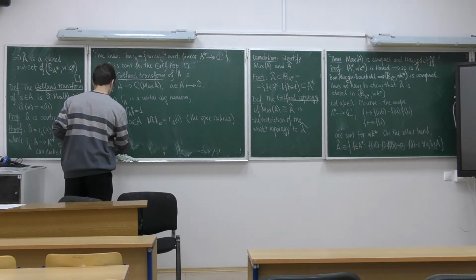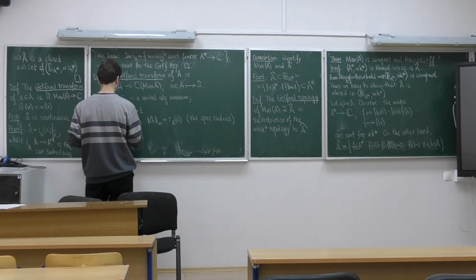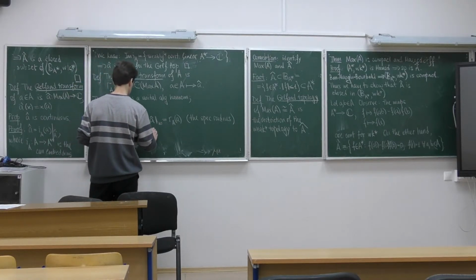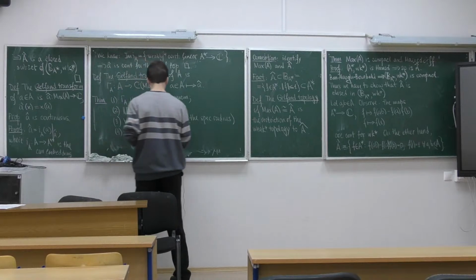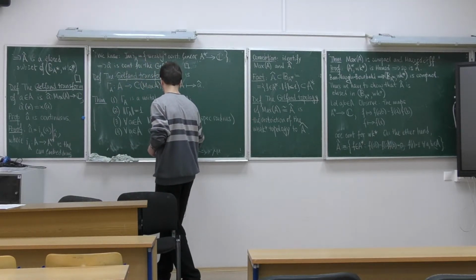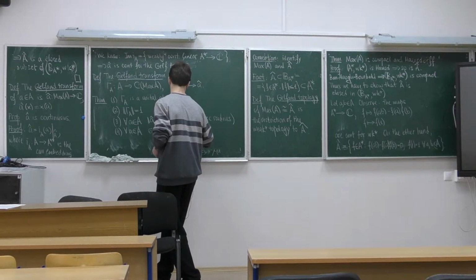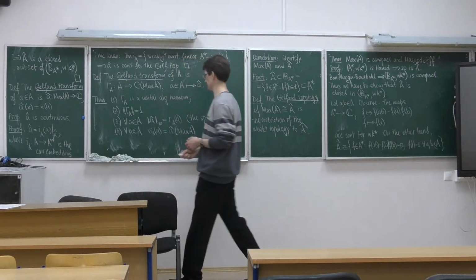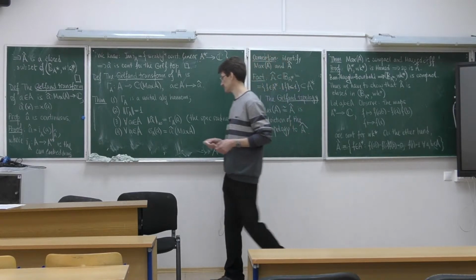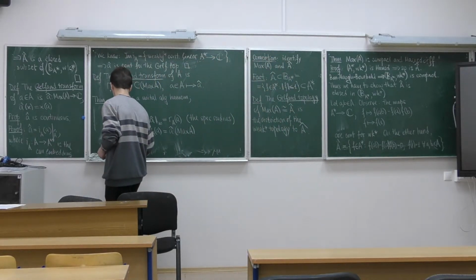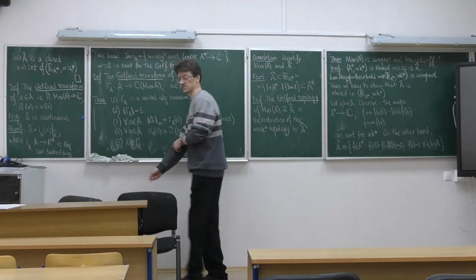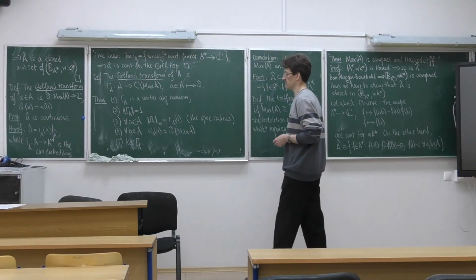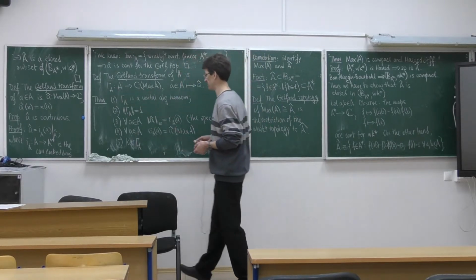Property 4, for each element a in our algebra, the spectrum of this element is equal to the range of the function a hat. And finally, property 5, the kernel of the Gelfand transform. So by construction this is a closed ideal, because it's a kernel of a continuous unital homomorphism.